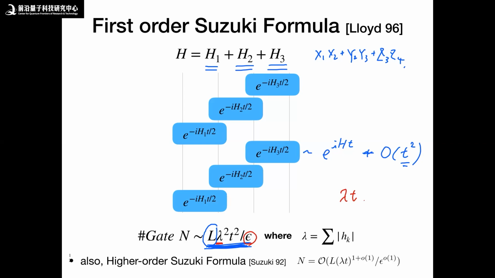So L here is related to the Hamiltonian. It counts the number of terms. So here L equals 3. Okay, so you can kind of see why there's an L here, just because you have to go through each term one by one. And in fact, this is quite a common feature of all these product formula constructions.